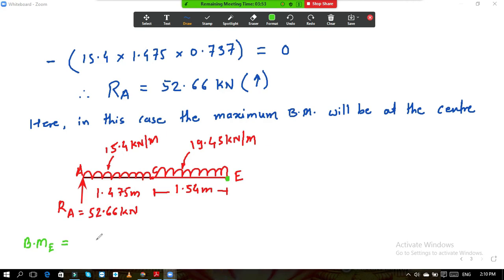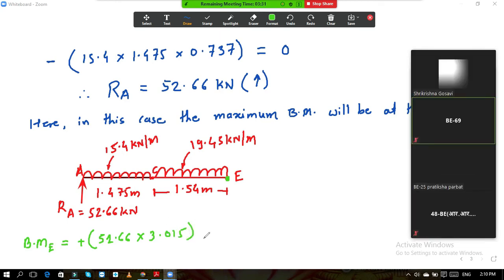So now Ra is moving up, so we will take it as plus 52.66 into the distance from E point, so it is 1.54 plus 1.475, 3.015. This is the distance of Ra.